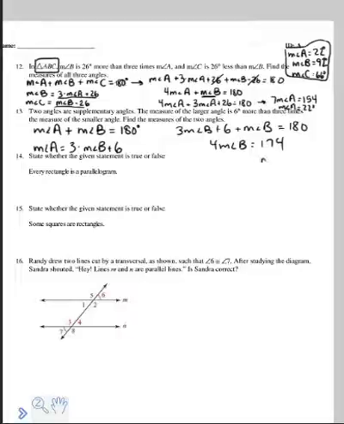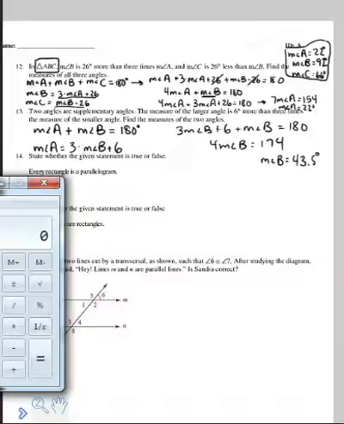So the measure of angle B is 43.5 degrees. We know that A and B together form supplementary angles, so if we subtract this amount from 180, okay, that wasn't it. Okay, 136.5. So the measure of angle A is 136.5.